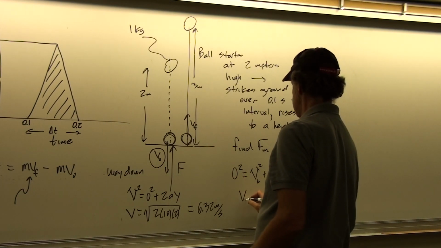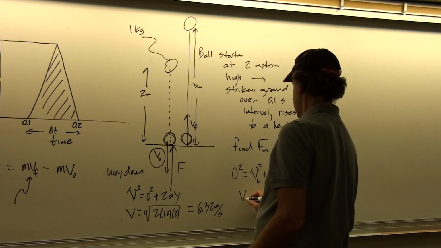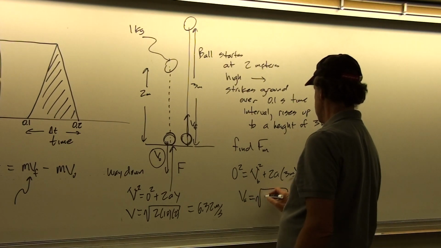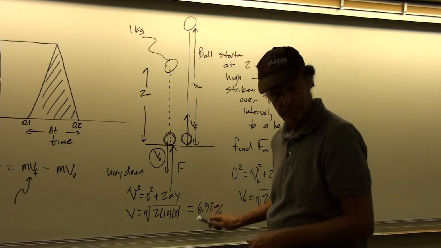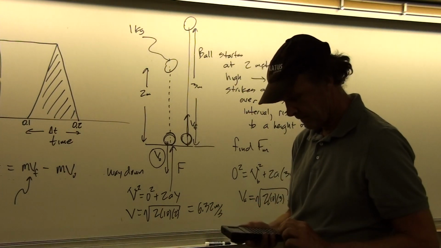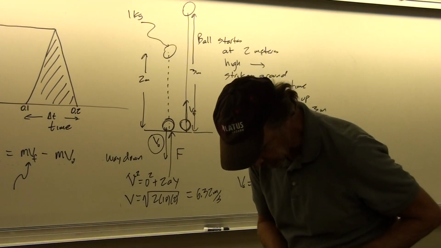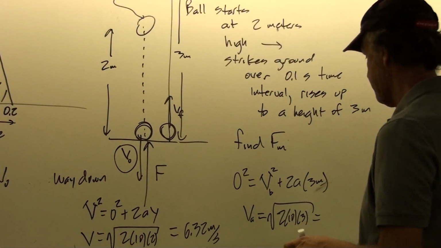So that means that V after the collision is going to equal the square root of 2 times 10 times 3, or the square root of 60. And so that gives us 7.7 meters per second.